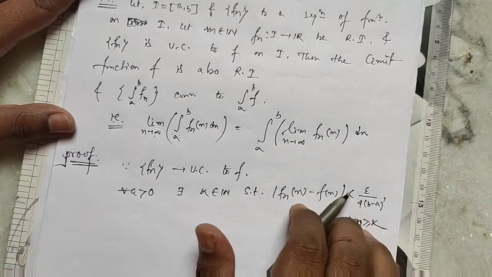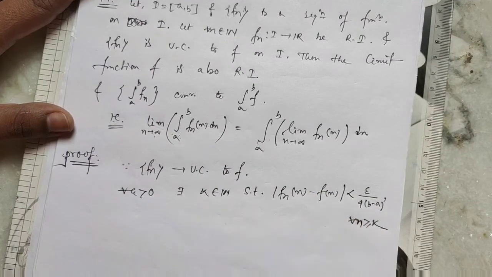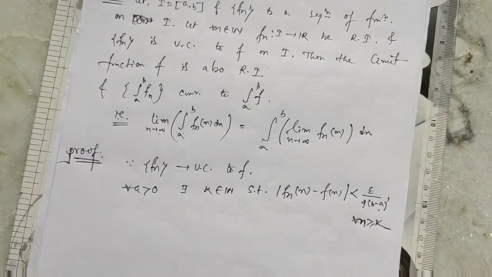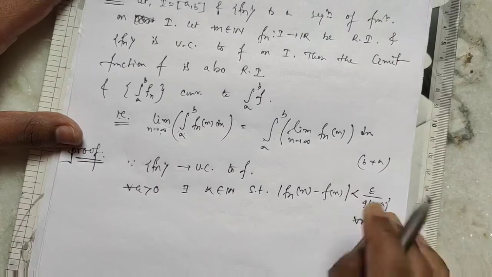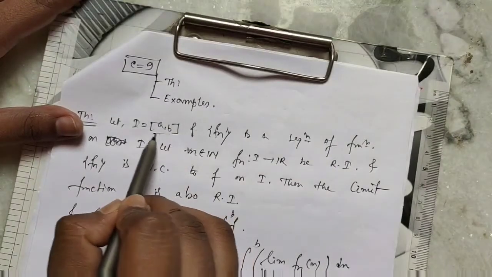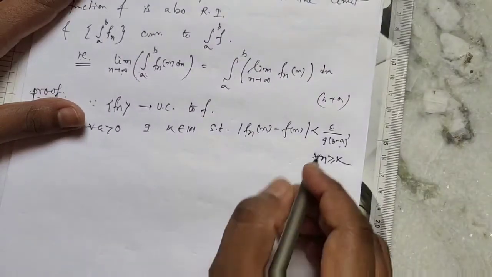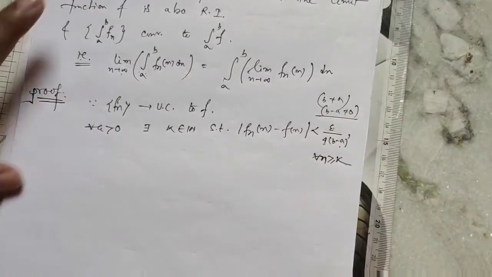We could take epsilon, or epsilon by 2, or epsilon by 3, as we choose. Since this is a closed interval, a is not equal to b, so b - a is not equal to 0. Clear?